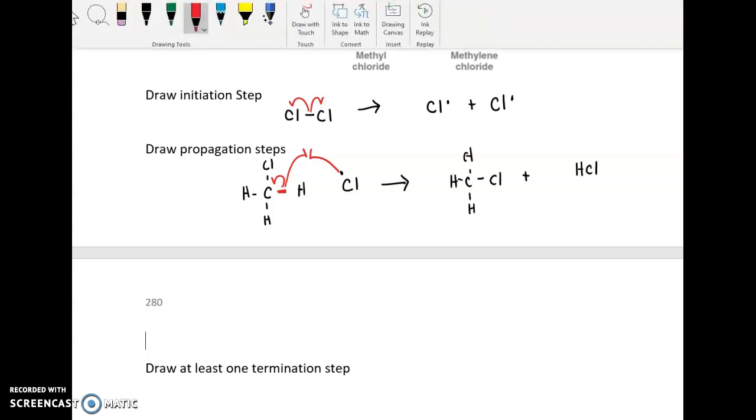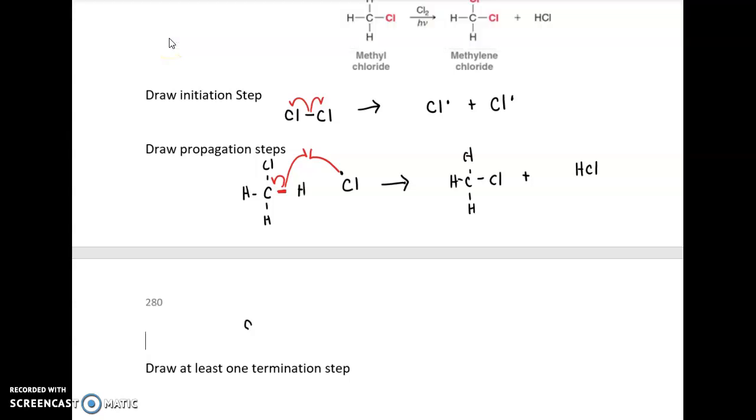So we've got a free radical, and it's going to interact with a chlorine molecule, and we're going to make our final product.